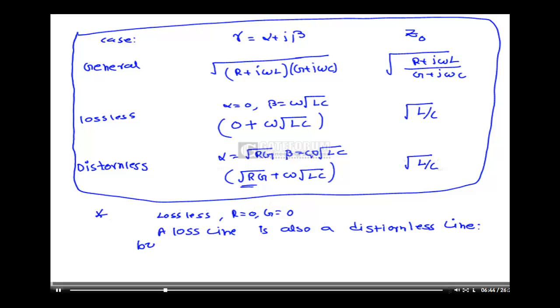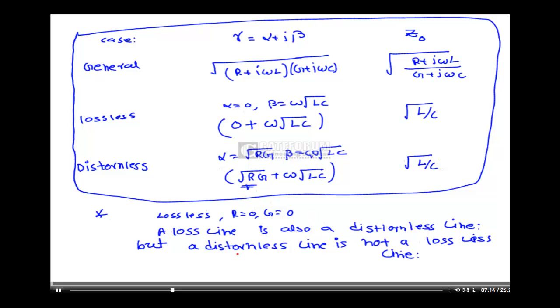But a distortionless line is not a lossless line. Why? Because for a distortionless line, what is the alpha value? Square root of RG. But for a lossless line, alpha is equal to 0.